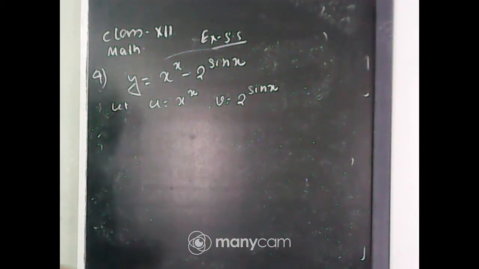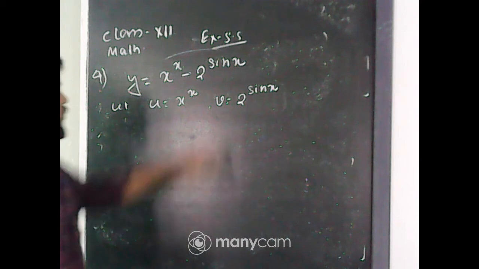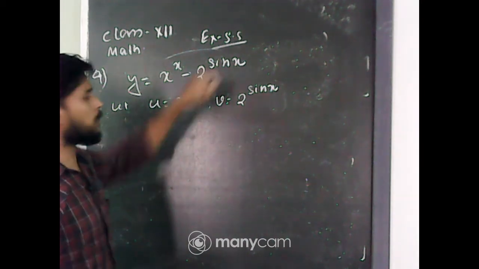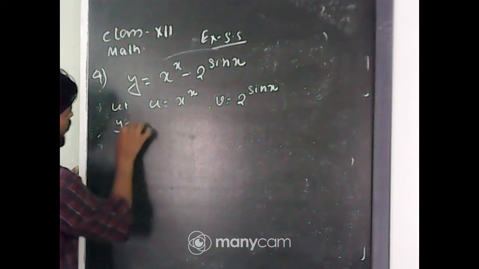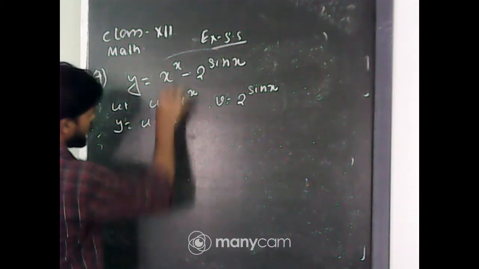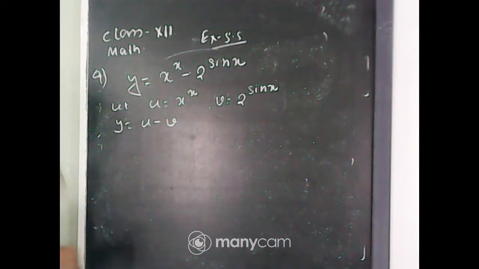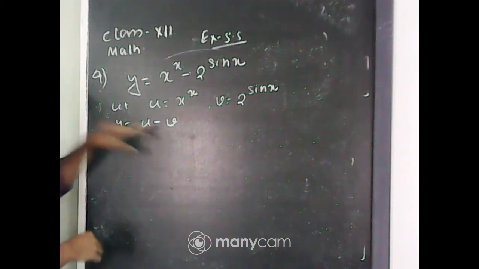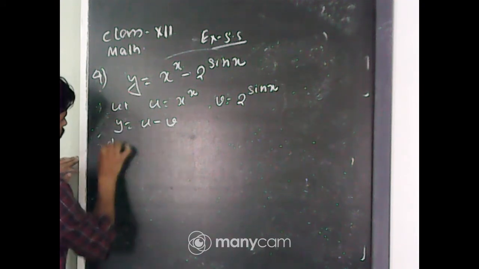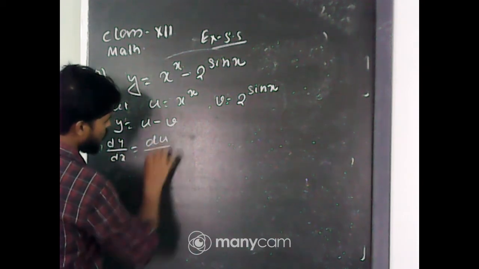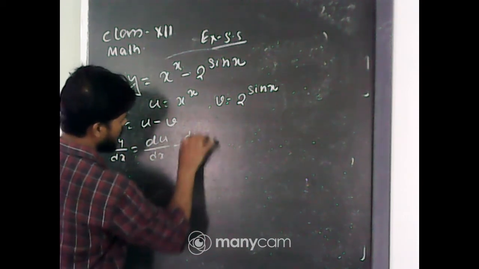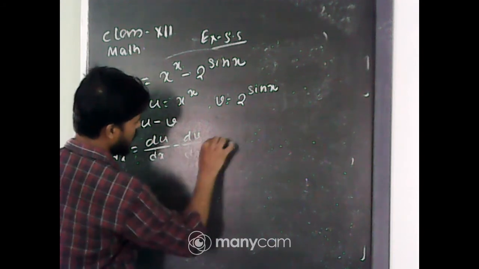We are putting u instead of x to the power x, and we are putting v instead of 2 to the power sin x. So, this equation will be y equal to u minus v. Now, differentiate this expression with respect to x. So, dy dx will be equal to du dx minus dv dx.